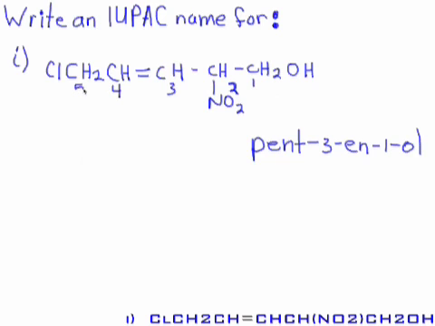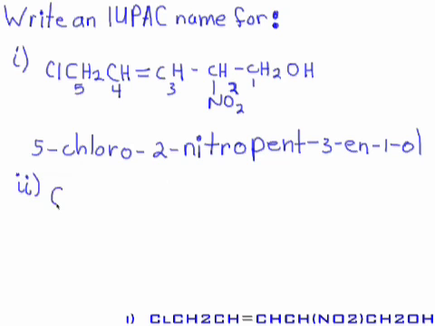We then have a nitro group on carbon 2 and a chloro group on carbon 5. The C of the chloro comes first alphabetically, so there's a 2-nitro in front of the pent, and then the 5-chloro. All one word. 5-chloro, 2-nitro, pent-3-en-1-ol.